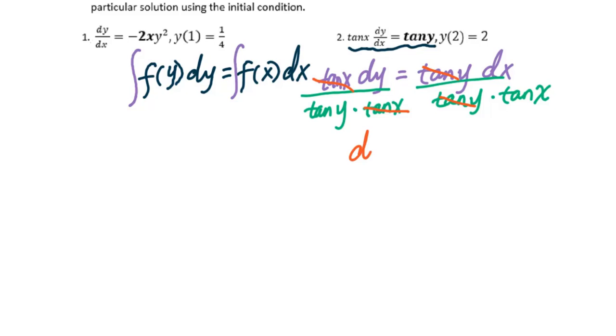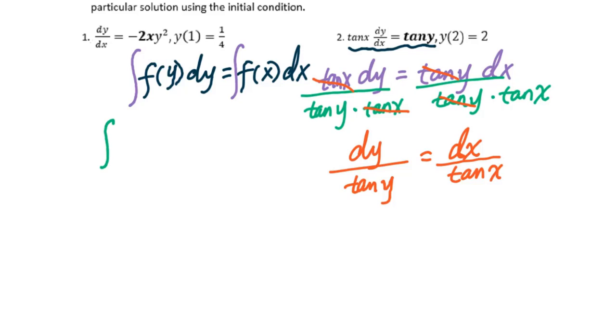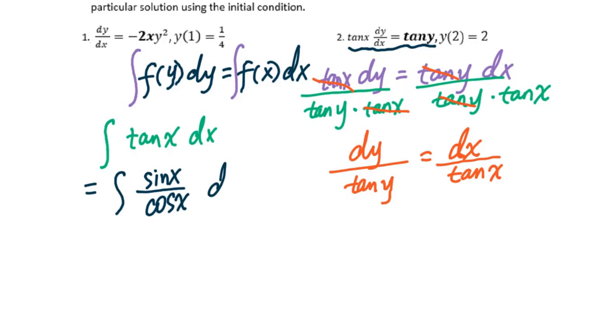You will get dy over tangent y equals dx over tangent x. Let's look at this fact. We have integral of tangent x dx equals integral sine x over cosine x dx.